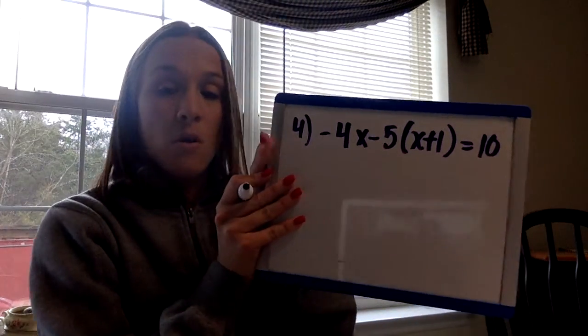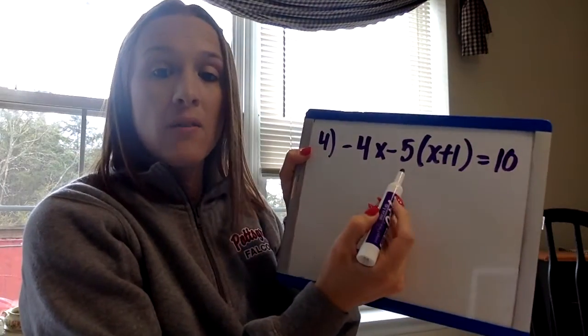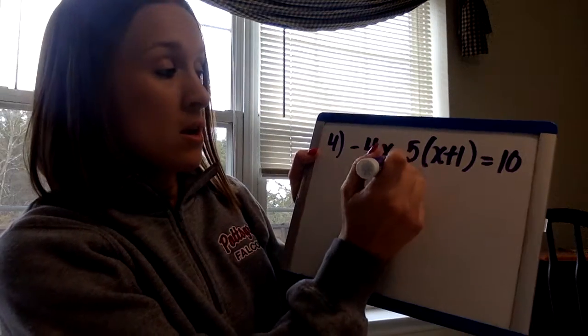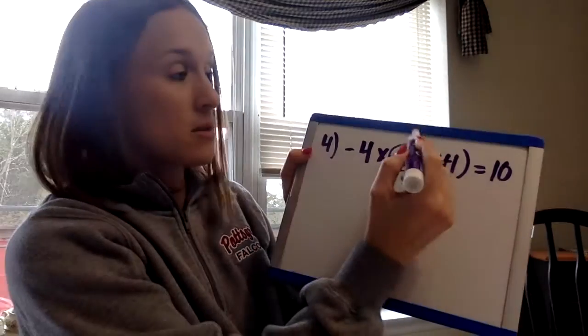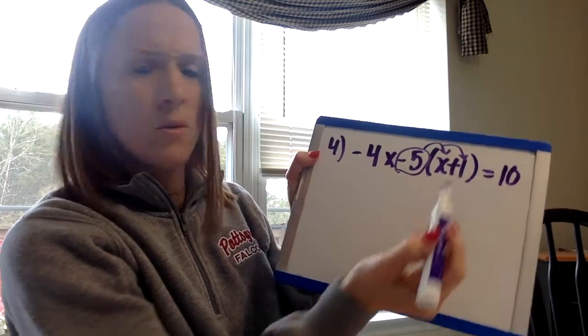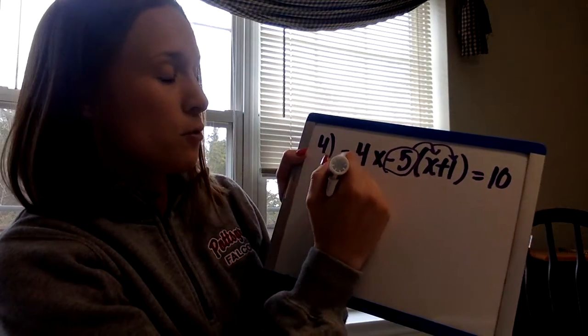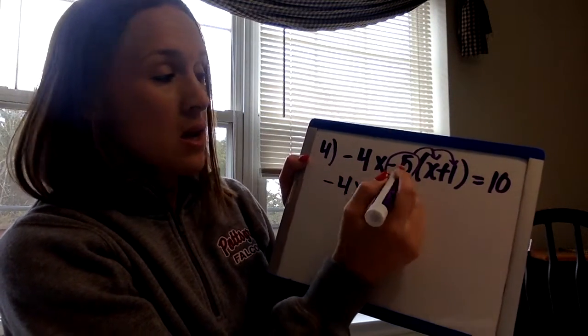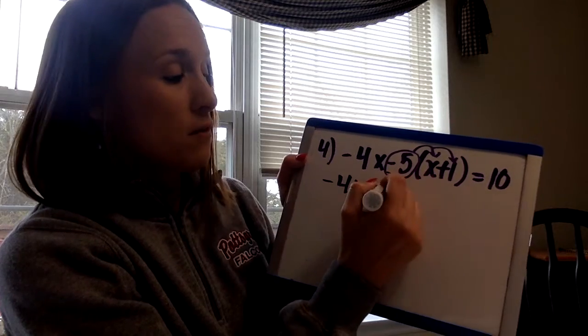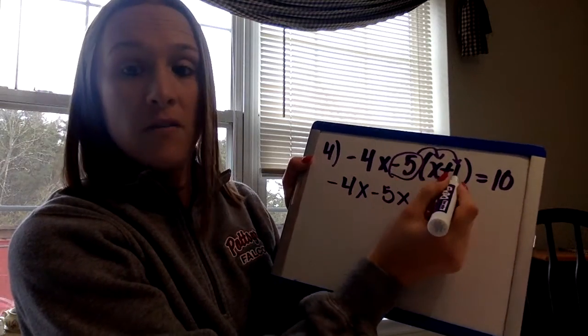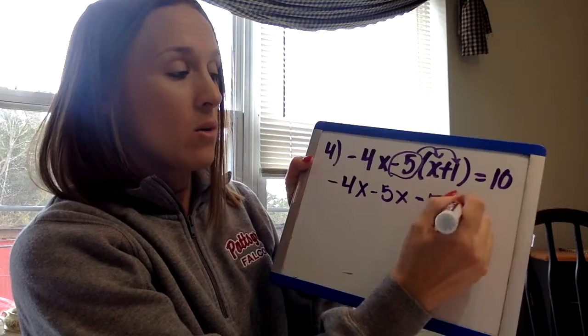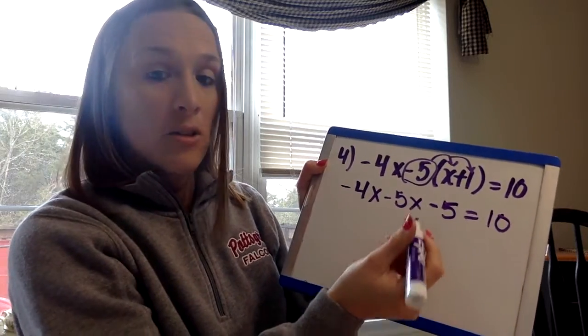All right, so take the negative 5 and multiply it to the parenthesis. This negative 5 gets multiplied to the parenthesis. Distribute. So bring the negative 4 down, negative 4x. Negative 5 times x is negative 5x. Negative 5 times 1 is negative 5. That all equals 10. Combine your like terms.